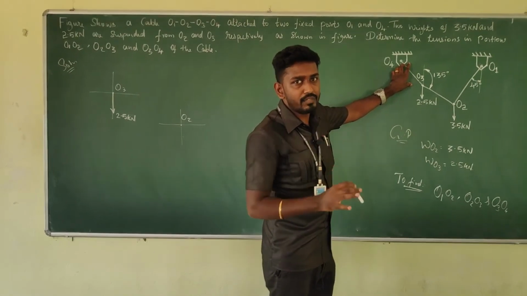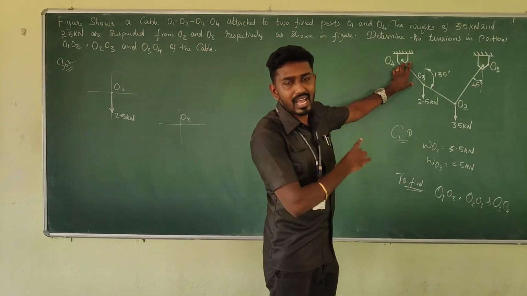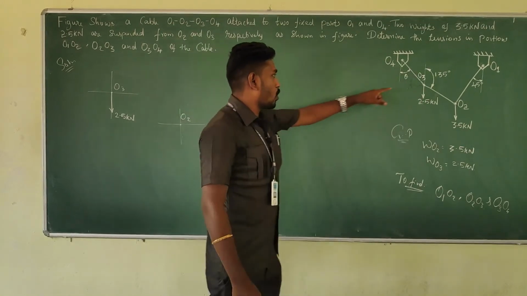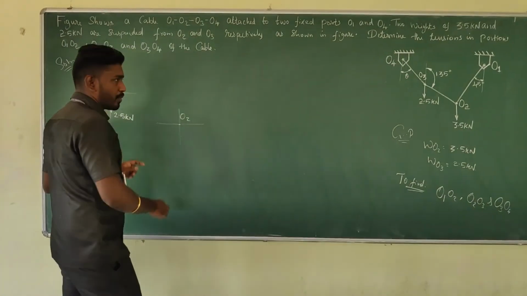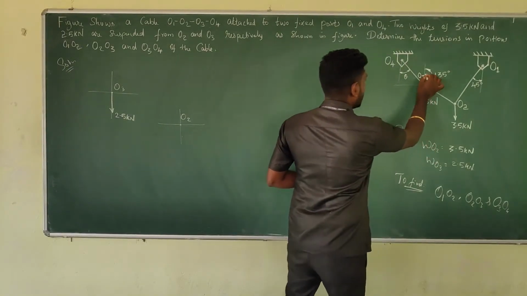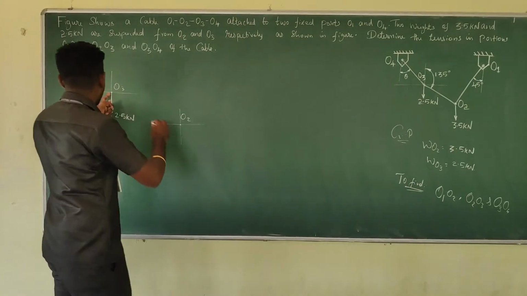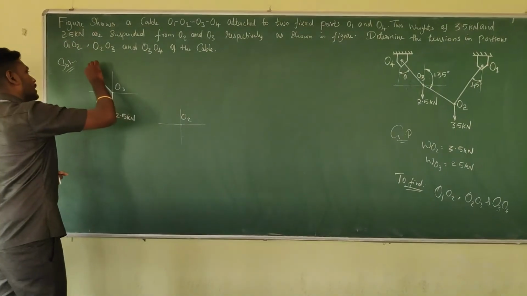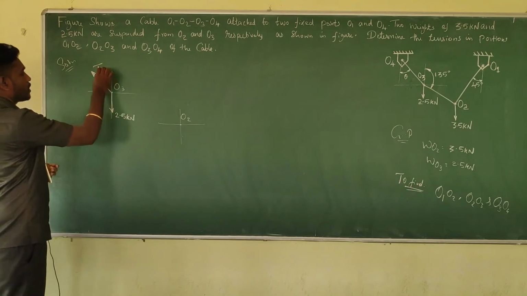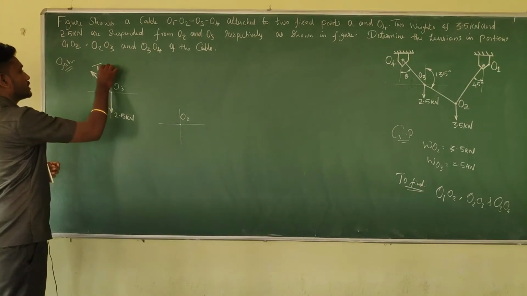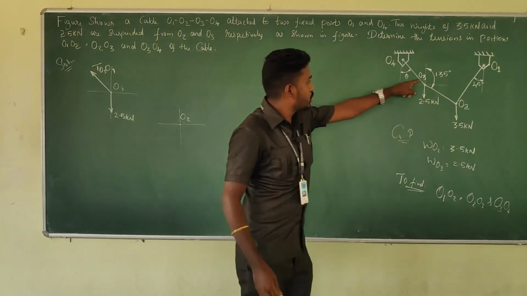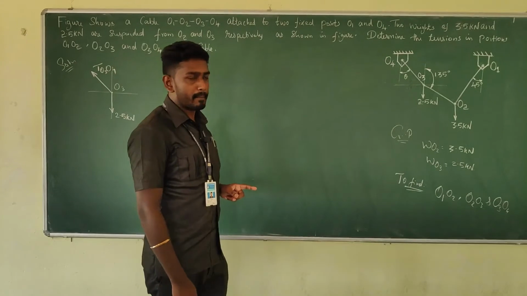We know tension force will act outward from the considered point, so it is considered O3, am I right? From the O3 point, if you draw the cross line, it is in the second quadrant. So this is how the direction of the tension force will be. This is the tension from O3 to O4.